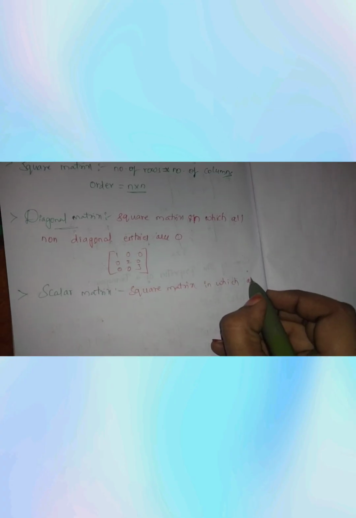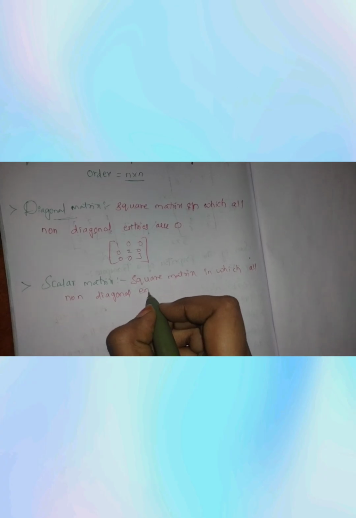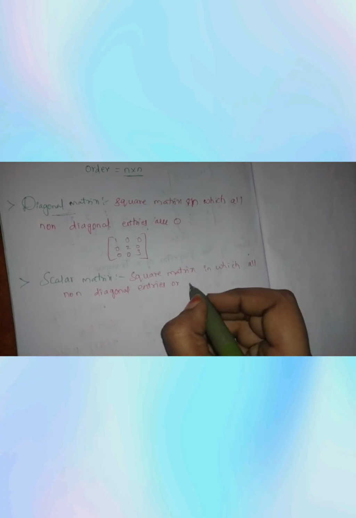The square matrix in which all non-diagonal entries are 0 and diagonal entries are equal.